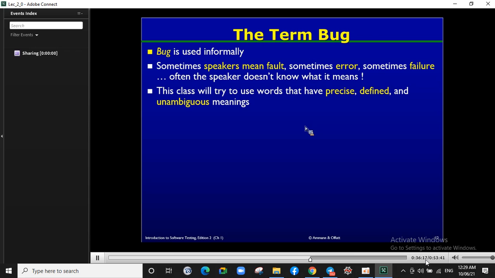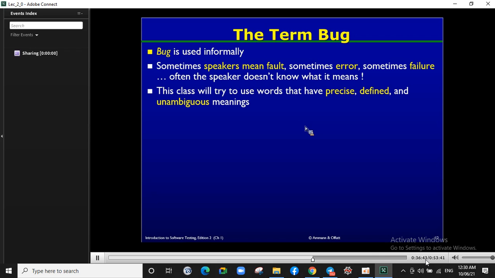This term is not meaningful in engineering or technical texts in this area, and this class will try to use words that have precise, defined, and unambiguous meanings, such as fault, error, and failure.